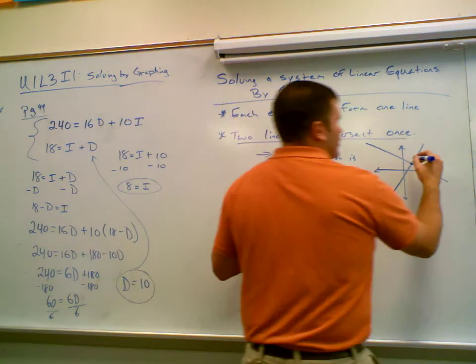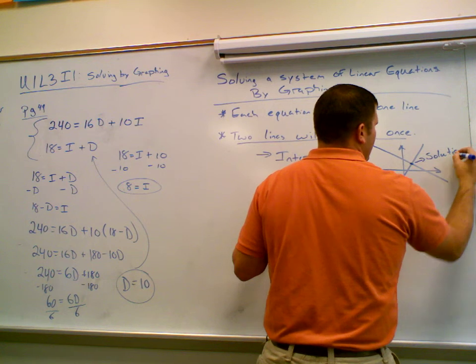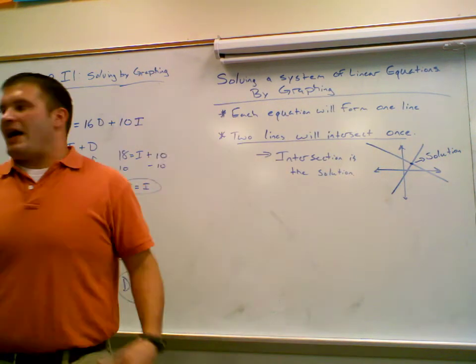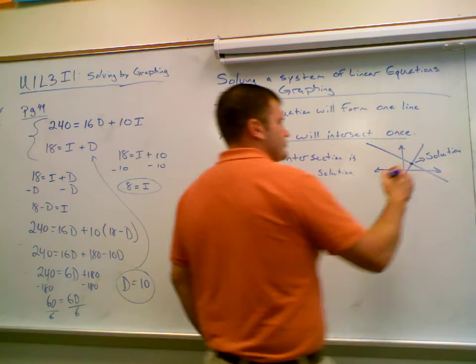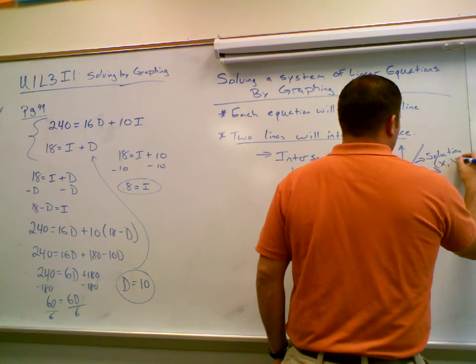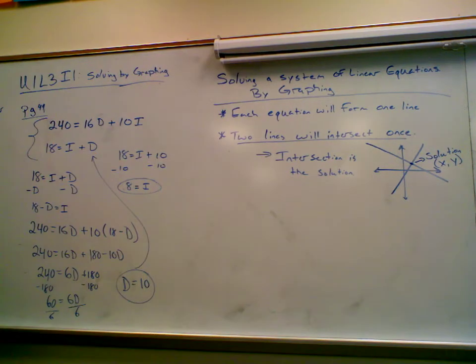That point is our solution. Now that point will have an ordered pair. What is that ordered pair? X comma Y. Whatever the first number is, that's our X solution. Whatever the second number is, that's our Y solution.